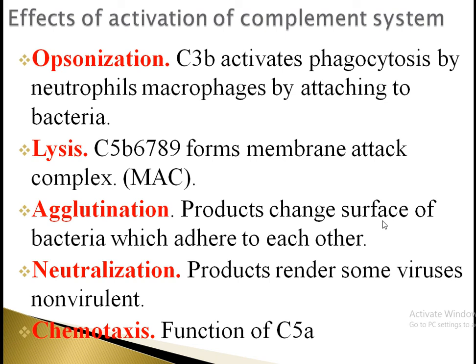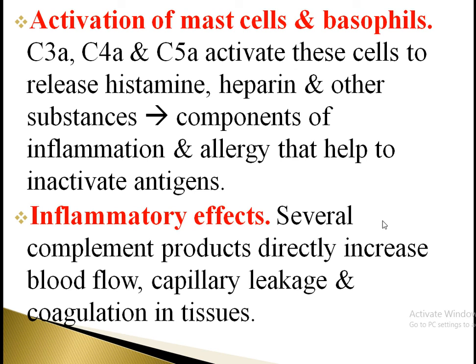Agglutination is when the bacteria adhere to each other through their surface. Then there are neutralization, chemotaxis, and activation of mast cells and basophils, as I have shown in the figure. We also have the inflammatory effects: directly increased blood flow, capillary leakage and coagulation in tissues, and much more regarding this main complement system.